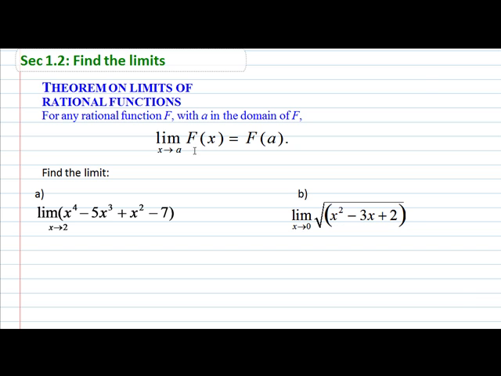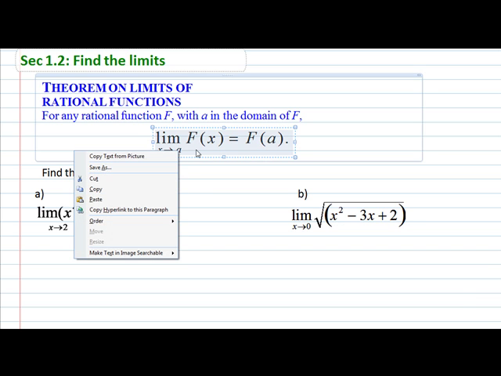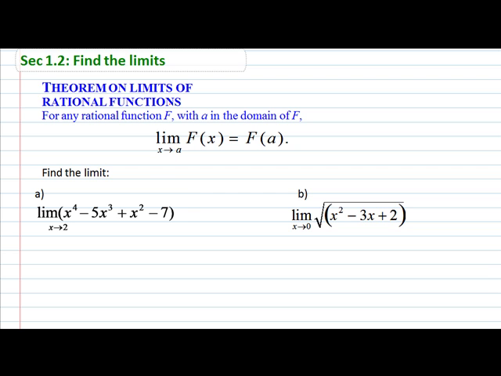This theorem says that if we have a function f and a is inside the domain of f, then to find the limit of f as x goes to a is the same thing as to evaluate the function at exactly a. This only works when a is inside the domain. If a is not inside the domain, then we have to do the actual work.